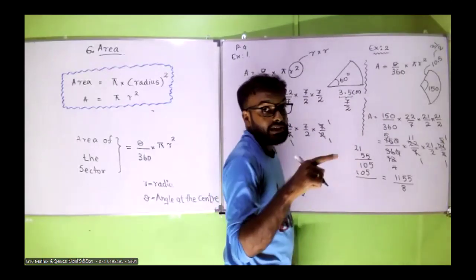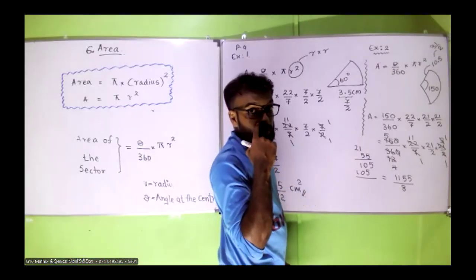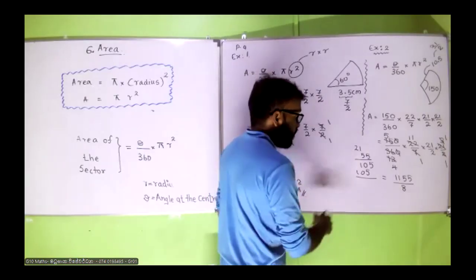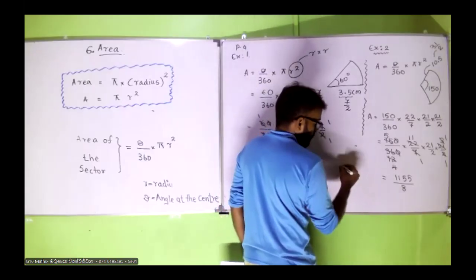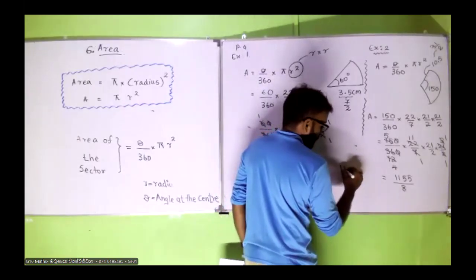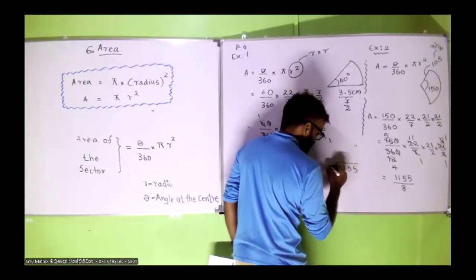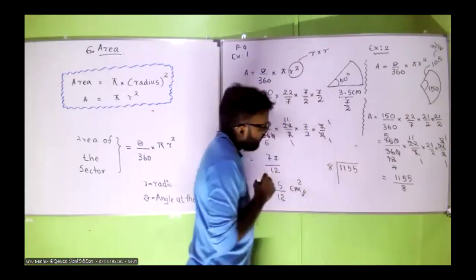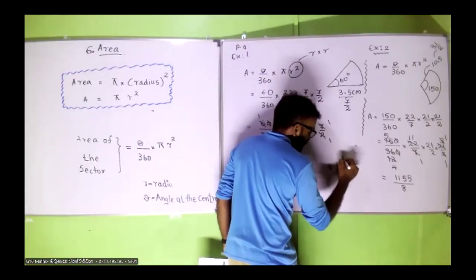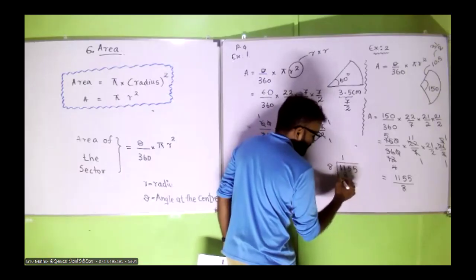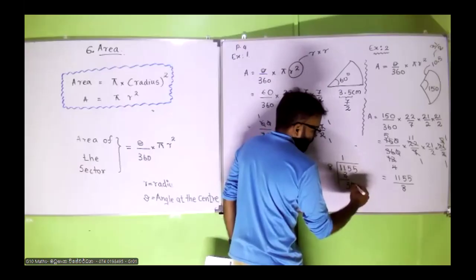I mentioned that you should round off your answer to 1 decimal place, so you have to keep it in decimal places. So 1155 divided by 8. 8 times 1 is 8. 11 minus 8 gives 3. Bring 5 down.